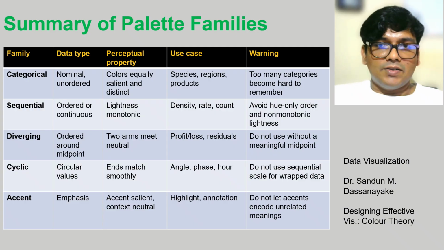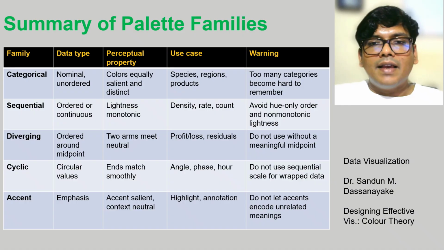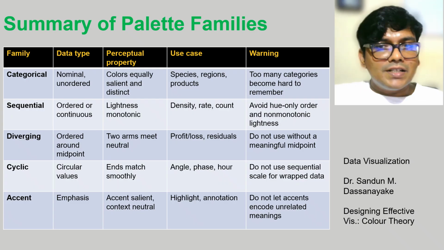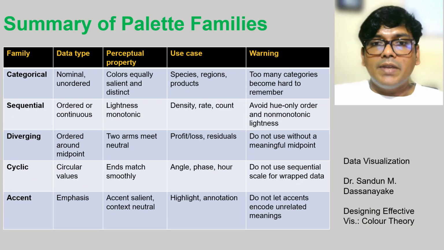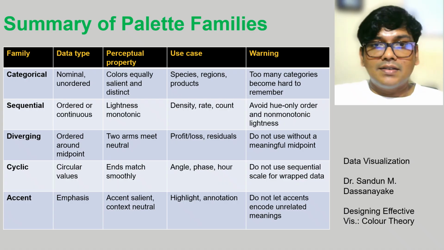Each warning points to a really common pitfall. Too many categories, more than 7, and your legend becomes a mess nobody wants to read. Sequential colors on unordered data accidentally suggest things have a ranking when they don't. Diverging colors with no clear midpoint make one value look special when it is not.